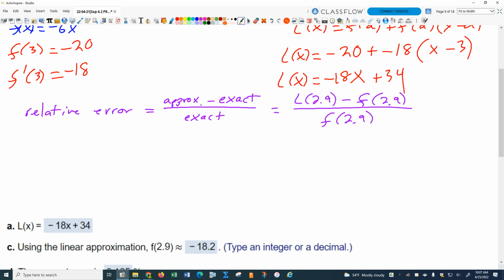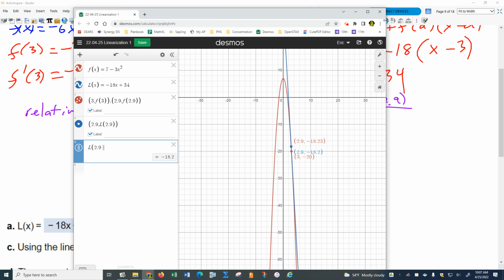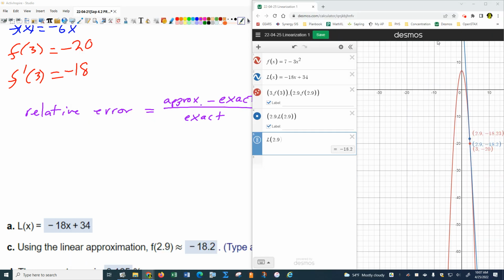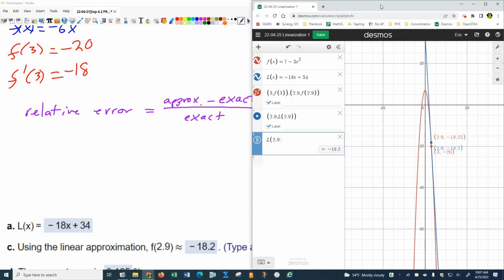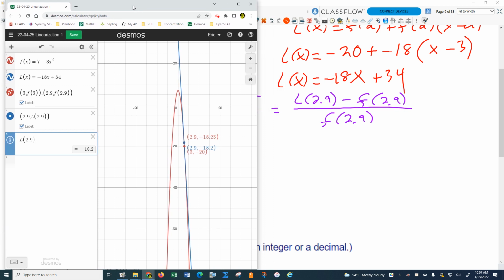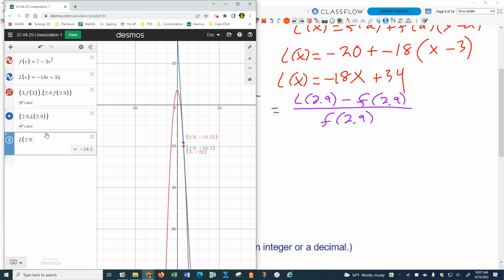If I pull up Desmos and I write that expression, L of 2.9 minus F of 2.9 all divided by F of 2.9.